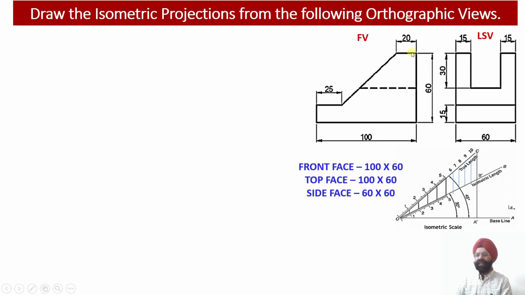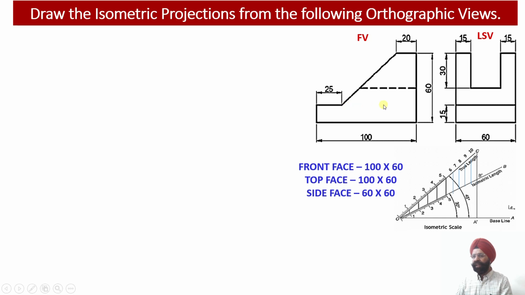And the third thing regarding this element is that these webs are running through this much portion of the solid, that is, this is 20 millimeter, this is 25, so the total is 45. So this particular web will be running through the remaining 55 millimeter horizontal length of this particular solid.